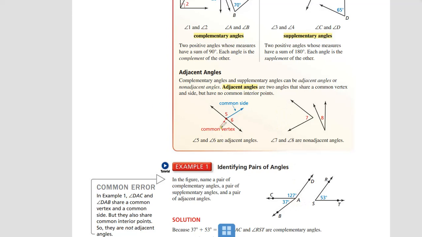Think of adjacent as meaning that you could add them together to make a bigger angle. Can add to make a bigger angle. Terrible looking handwriting.